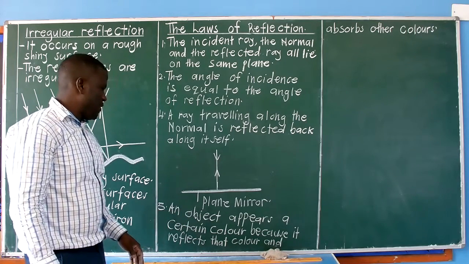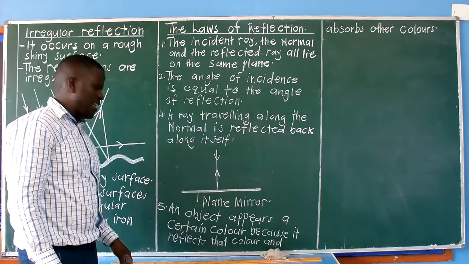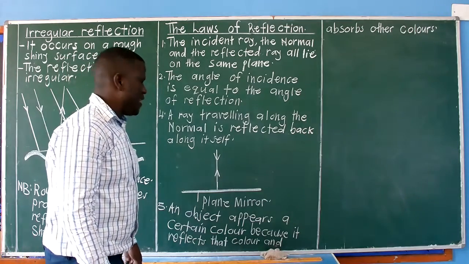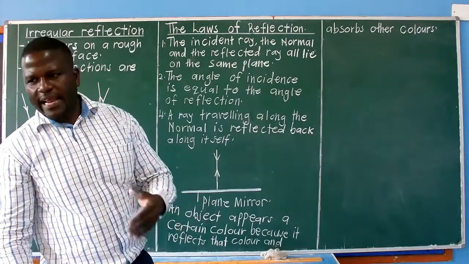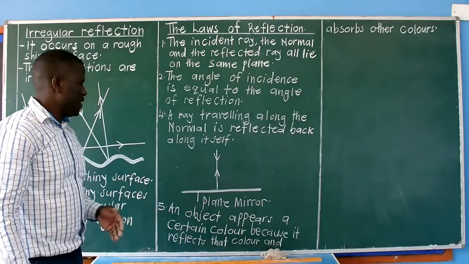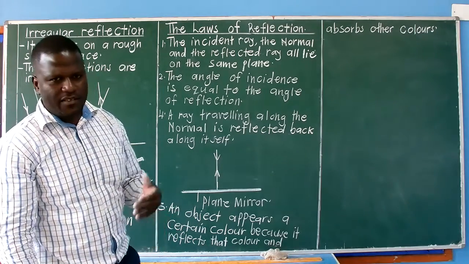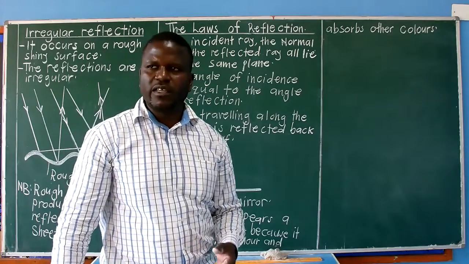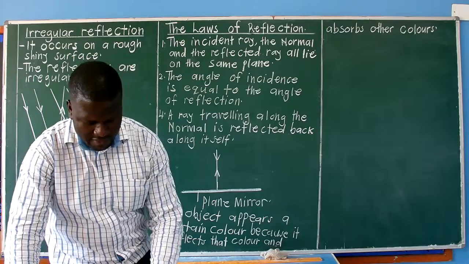An object appears a certain color because it reflects that color and absorbs other colors. So, in other words, red appears red because it reflects red and absorbs other colors. Green appears green because it reflects green and absorbs other colors. That's what that statement simply means.